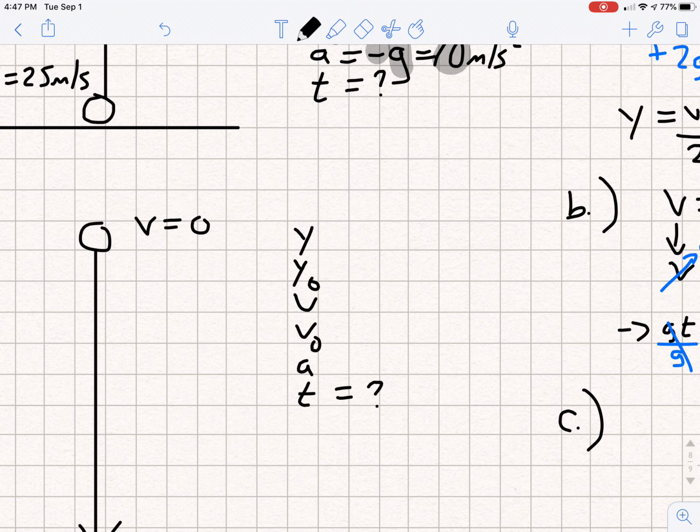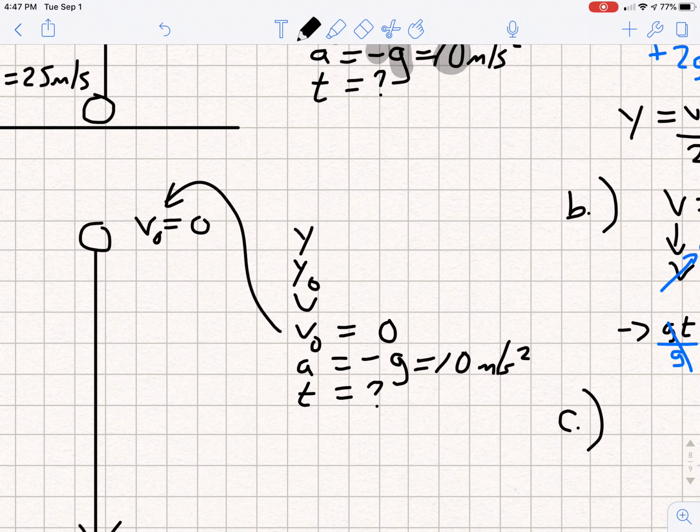I don't know time. I know the acceleration is negative g, which is a value of 10 that I plug into the equation. V naught is 0 because this is the initial part of the problem now. Okay, we can think of part C as a brand new problem, where the highest point is now the beginning of the problem and the lowest point is now the end of the problem. So we can essentially construct a new reference frame.